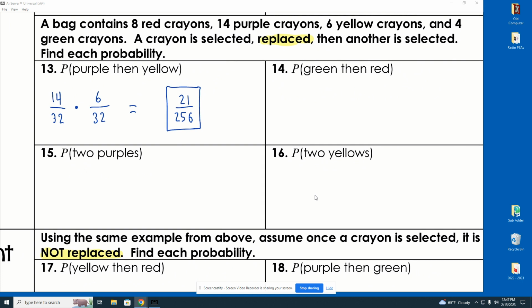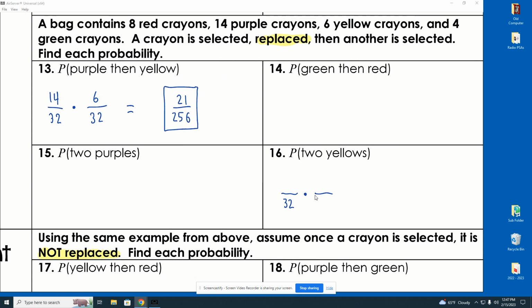Number 16. The probability of picking 2 yellows. Multiple events, we multiply events. I reach my hand in this bag. How many crayons are in there? 32. How many are yellow? 6. I reach down in there. I sure enough get a yellow. I had a 6 out of 32 chance.